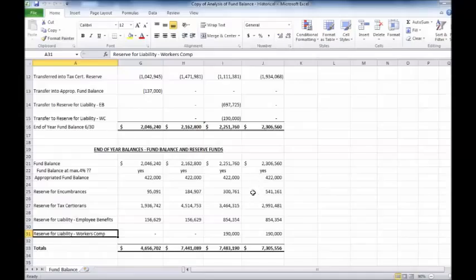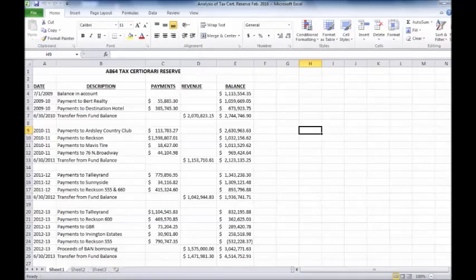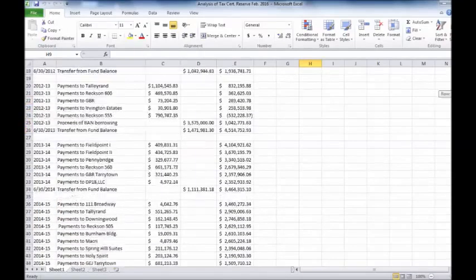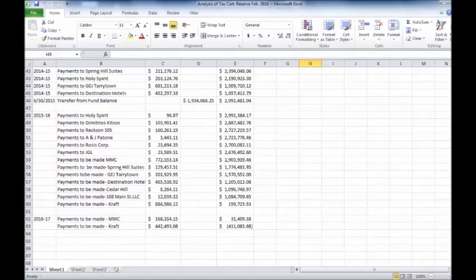Again, your reserve for encumbrances, those are purchase orders that are already placed and the district's committed to paying those bills. The reserve for tax certiorari at the end of 14-15 was 2.991 million, and that again ties into the detail on the tax cert reserve for that year. You can see the 2.991 million right here.